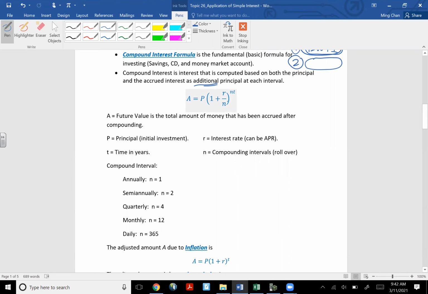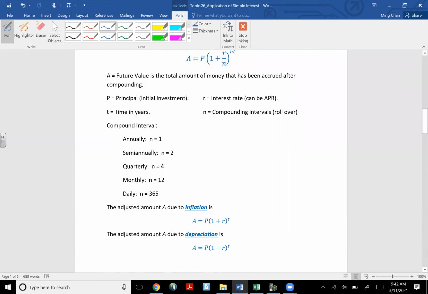Now, the same capital letter A, other than being called the future value, can also be called the adjusted amount A due to inflation, or the adjusted amount A due to depreciation. So it depends on the problem. These two formulas are basically the same as the compound interest formula. So where is the lowercase n?